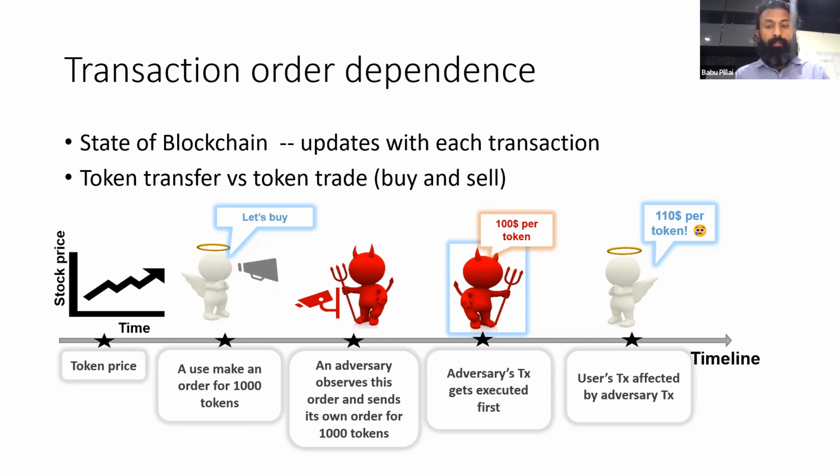The adversary can pay a bit more and make his transaction go first, and he buys all the tokens, or the majority of the tokens in that pool. So what's going to happen is when the user's transaction comes in, because there is not much in the pool, the user will pay a higher fee, and the adversary can sell back at the higher price. So this is where it affects the transaction flow.